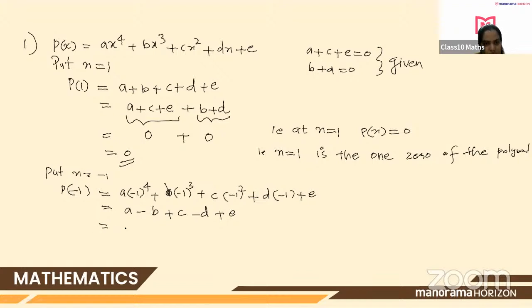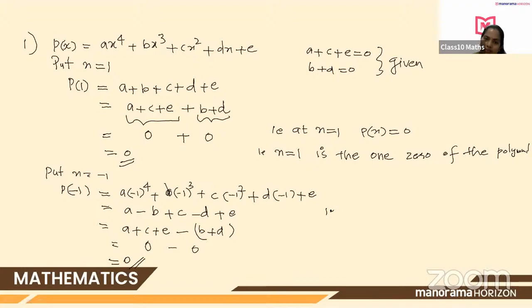So again rearranging, a plus c plus e, then take minus as common, minus of b plus d. Again a plus c plus e is 0, minus b plus d is 0. So 0 minus 0 is 0 again.